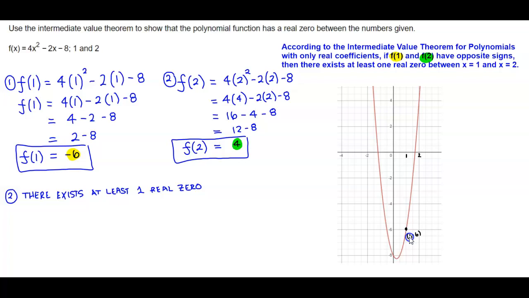And when x was equal to 2, that gave us 2 and then 4. What that tells us is that because those outputs have two different signs, there is a real zero, at least one real zero that crosses the x-axis. And that's why, because those are on opposite sides.